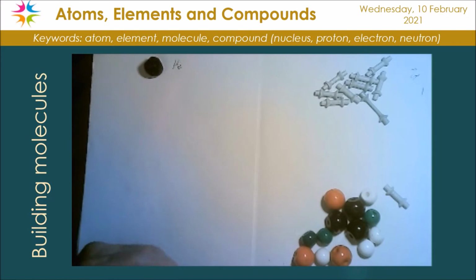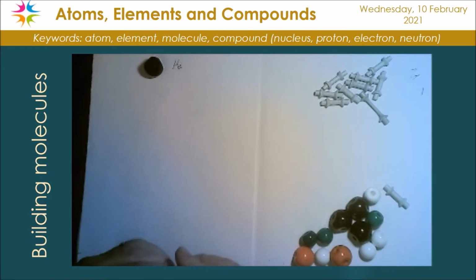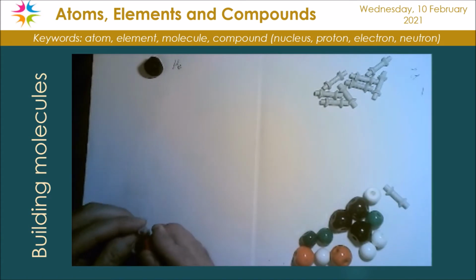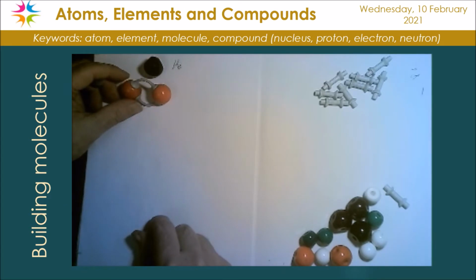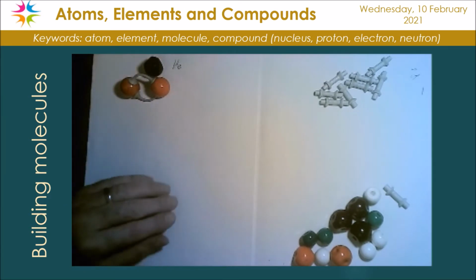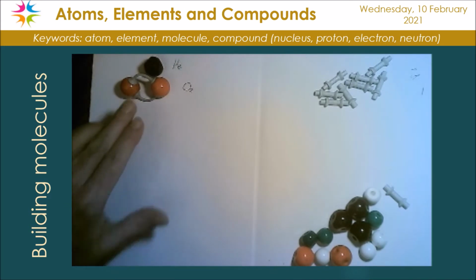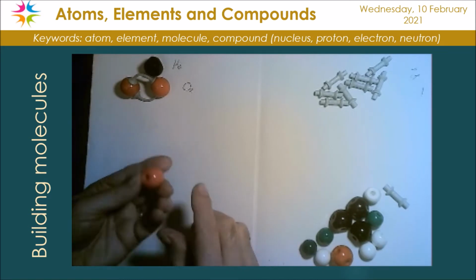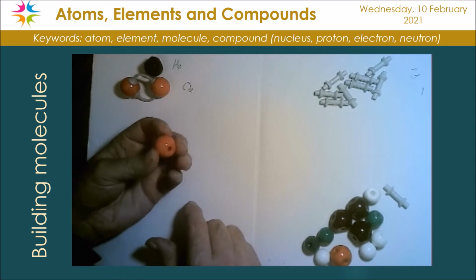Oxygen's a bit different. Oxygen likes to go around with one other oxygen atom. So oxygens go around in pairs, and it just happens that oxygens are joined together with two of these little plastic bonds. So that's O with a little 2 for oxygen. Now the next one is going to be water, and I'm going to use the red atom just to represent oxygen.